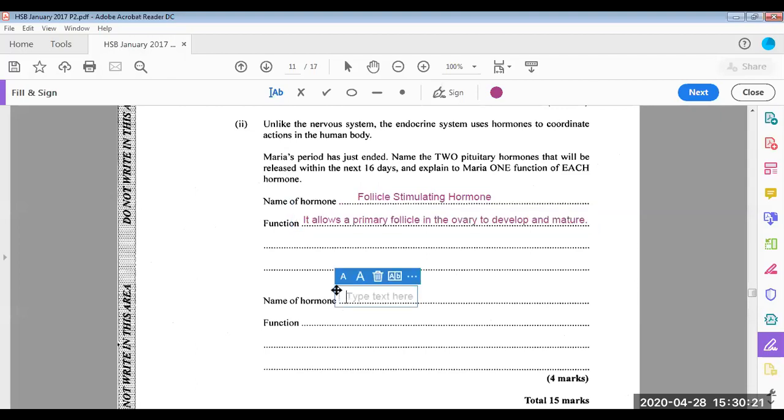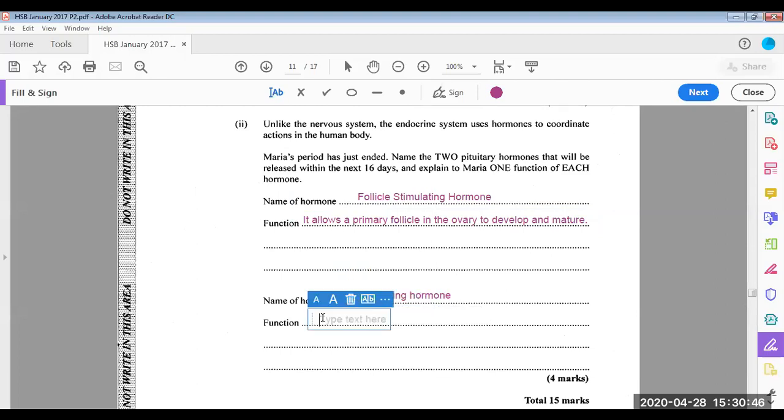Our next hormone that is going to increase will be estrogen. However, estrogen is not, now they say pituitary hormones, so I can't put estrogen here. Why? Because estrogen is not a pituitary hormone. However, luteinizing hormone is one.